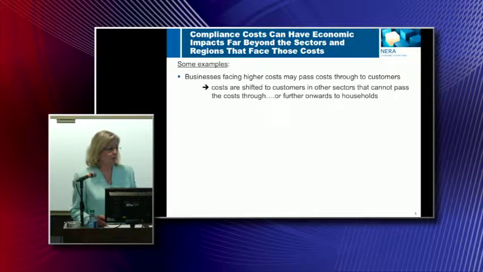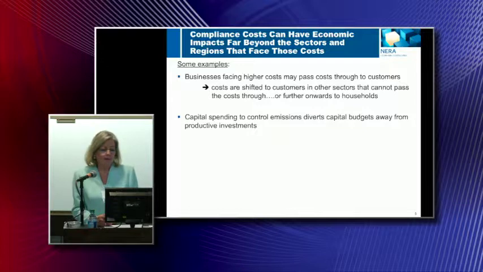Those customers might be producers in other sectors of the economy. They might be households. To the extent it goes to other sectors who have to bear this higher cost of that product in their production process, they may be able to pass it through. But at some point, you run into certain businesses where the shareholder is going to bear some of that cost, and that in turn finds its way back to households.